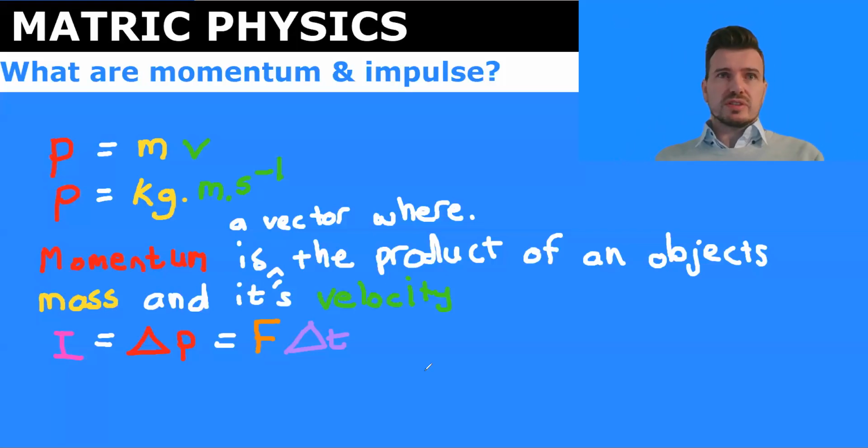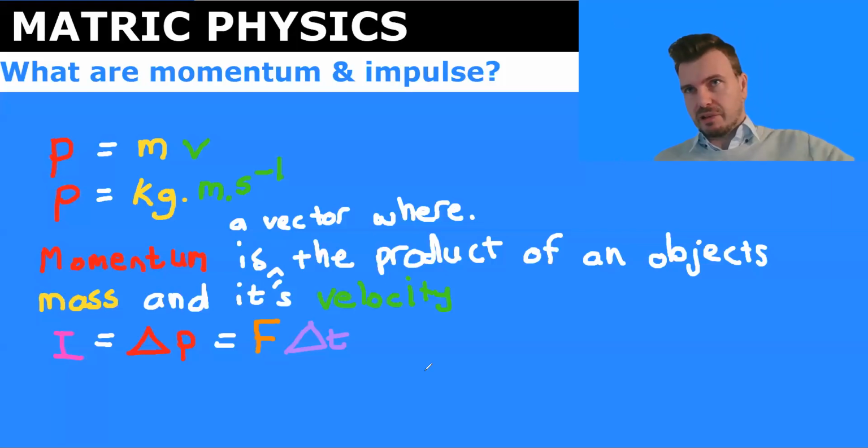Because your force is still the same, you're still applying your mass times acceleration. So the mass of the cricket bat times the acceleration that you are causing that bat or the racket to move, that's your force. But if you can follow through and increase the time that your bat is in contact with the ball, you're going to get a greater impulse and it's going to fly further or faster.